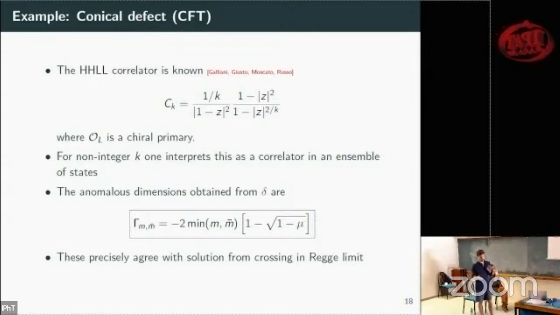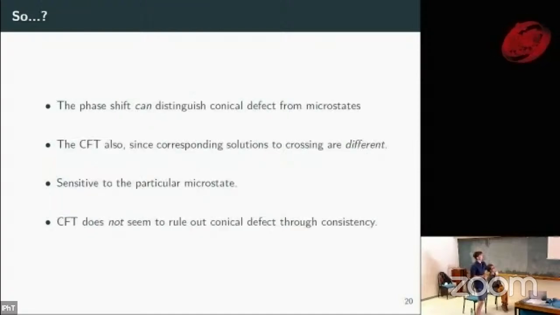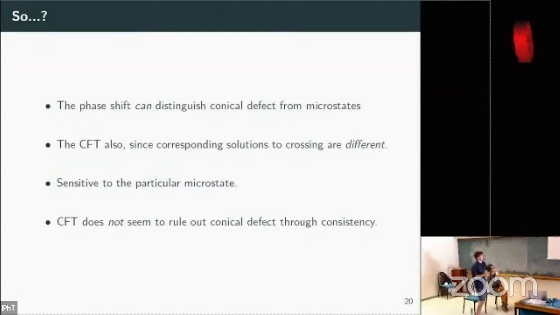And so both from the bulk and the CFT, you have completely different results from the microstates versus the defect. So it looks like there is, at least in some sense, fine-grained enough information captured with what is, in the bulk, a very simple quantity. That's what I just summarized here.